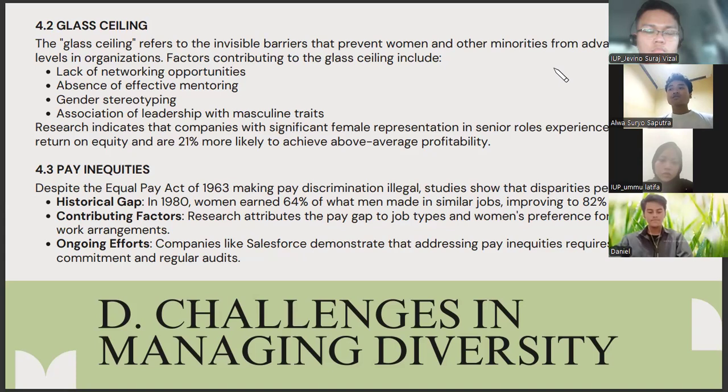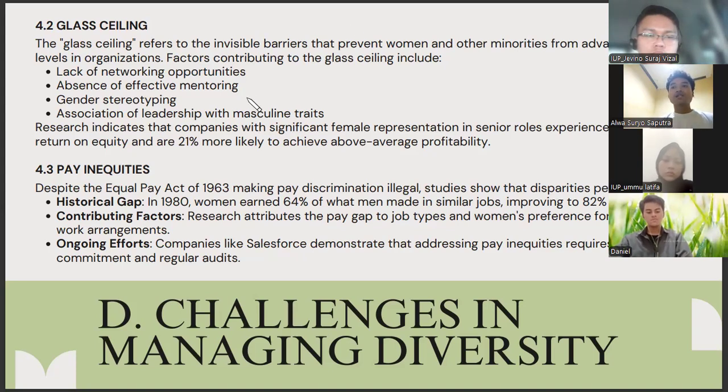Factors contributing to the glass ceiling include the first, lack of networking opportunities, the second, absence of effective mentoring, the third, gender stereotyping, the fourth, association of leadership with masculine traits.